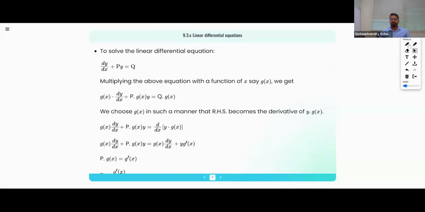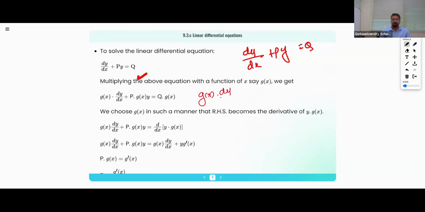So whenever you have a linear differential equation of the form dy by dx plus py is equal to q, you have to figure out the entire equation. All the steps are here, but we have a shortcut after this. Just observe what is the actual reason behind the shortcut. Multiply the above equation by another independent function of the variable, g of x.